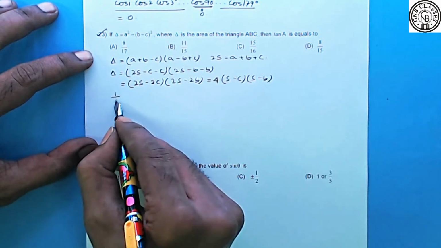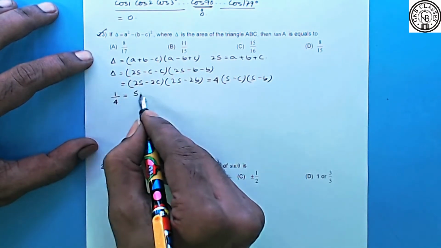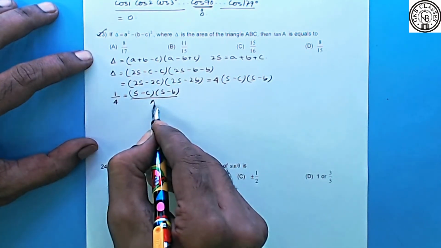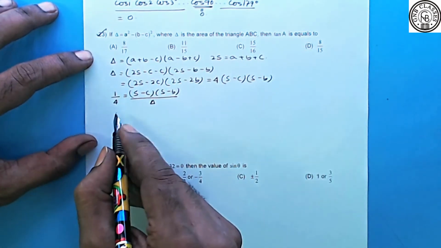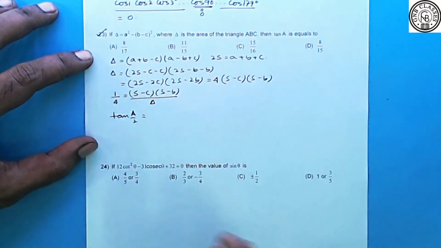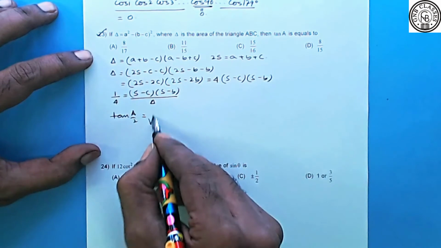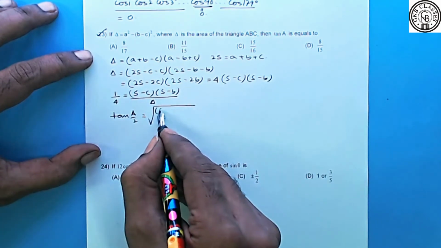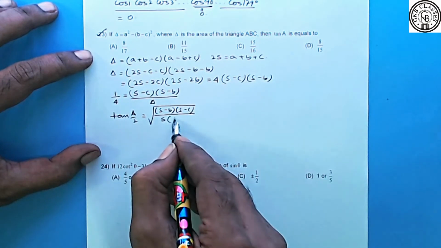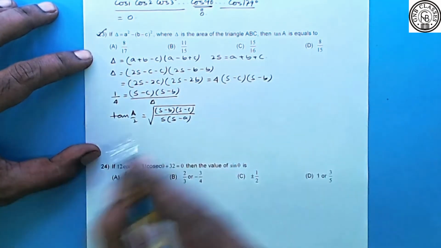Therefore 1 by 4 is nothing but s minus c into s minus b divided by del, right? Now we all know from the half angle formula, tan a by 2 can be written as under root s minus b, s minus c divided by s into s minus a.